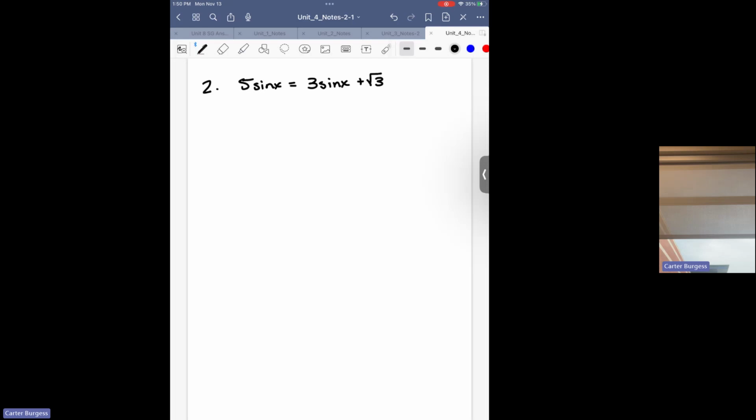You would just have to slide this over by -2, and that would work. 5 of something minus 3 of something is 2 of something. Yeah, 5x minus 3x is 2x, so 2 times that x.